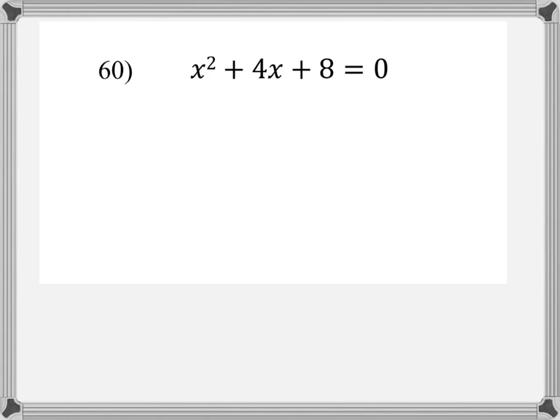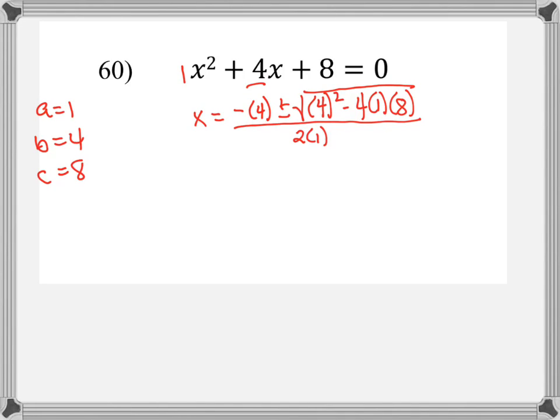Okay, let's look at another equation. x squared plus 4x plus 8 equals 0. So here a is 1, b is 4, c is 8. Let's use our quadratic formula, substituting in.